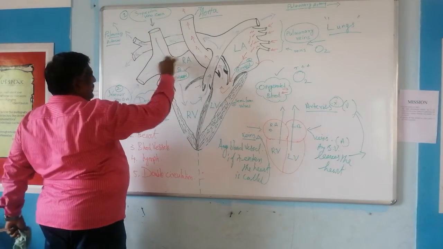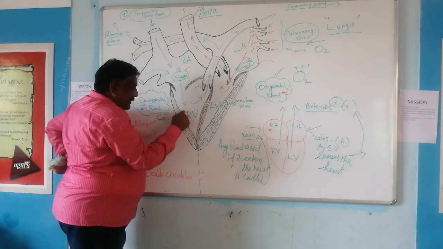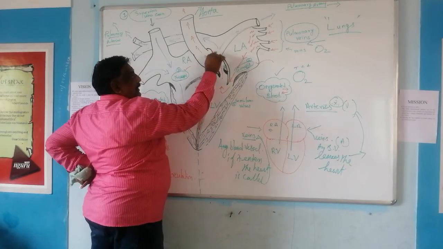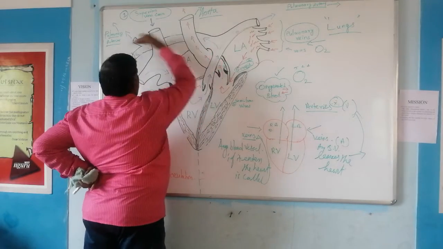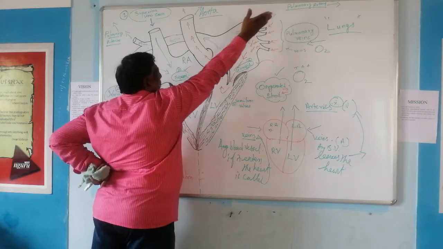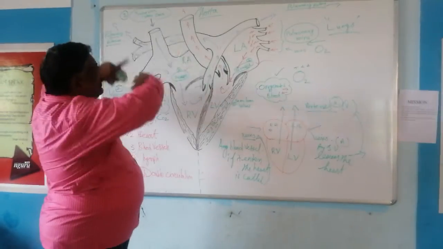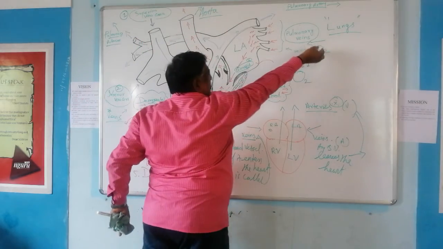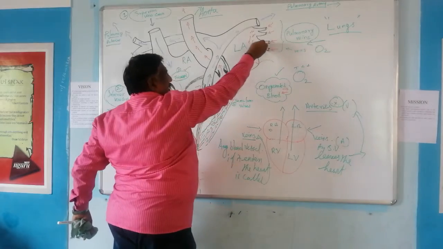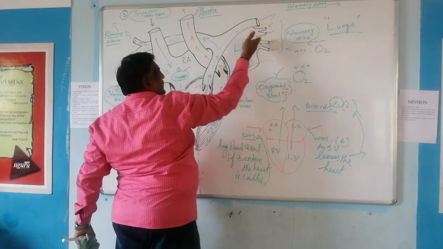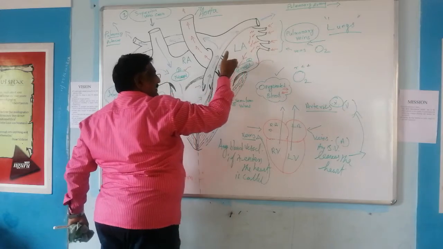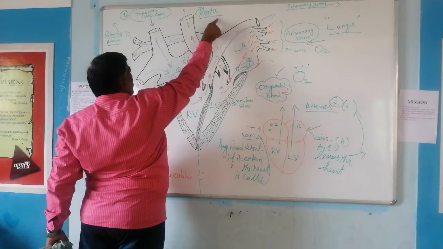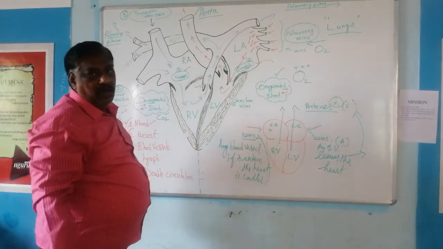So deoxygenated blood enters the right ventricle, and goes through the pulmonary artery, right and left pulmonary arteries. That goes to the lungs and leaves the carbon dioxide, brings the oxygen, and it is brought by the veins into the left auricle. Now you see I have made all of these red, and that blood comes to the left ventricle. From here it goes to the aorta, and that supplies blood all over the body.